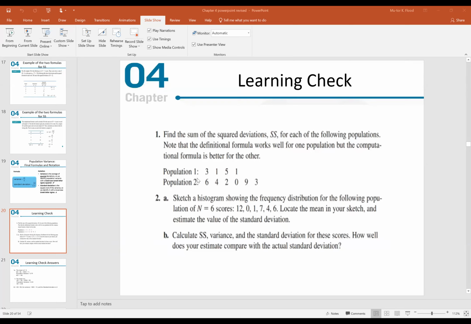We're going to start with population 2. And this one, we're going to use the definitional formula because the mean ends up being a whole number. So it's easier to use the definitional formula. So let's work on that.